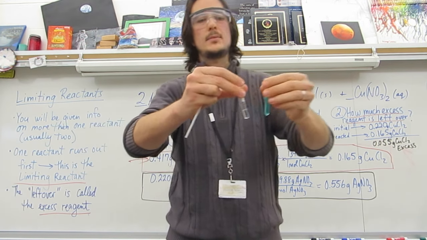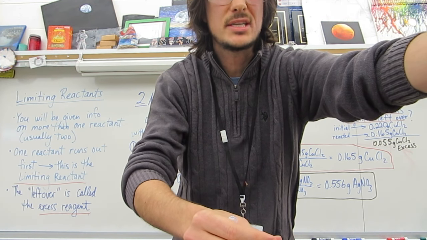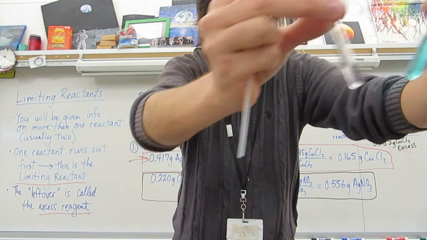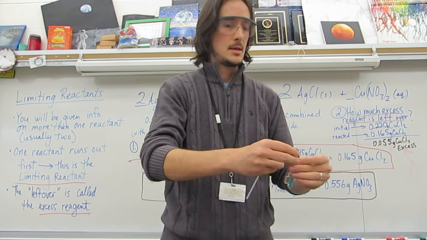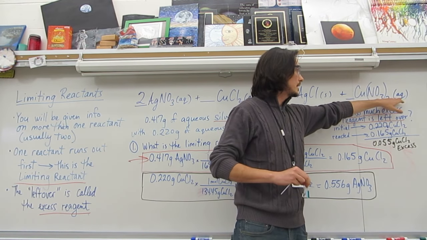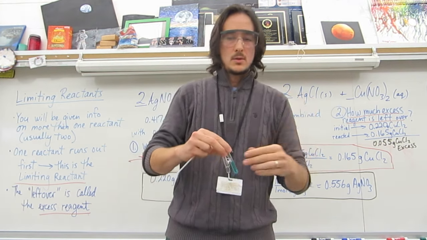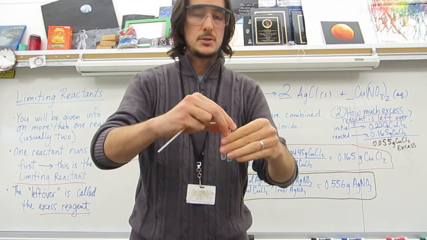So anytime you look at a chemical reaction, try to think of what it actually looks like, and so you should see something that's clear if it says aqueous. And these look clear. But if we look on the product side, we see one substance that's aqueous, but the other substance is solid. So we're going to expect that we're going to see some cloudiness to it.